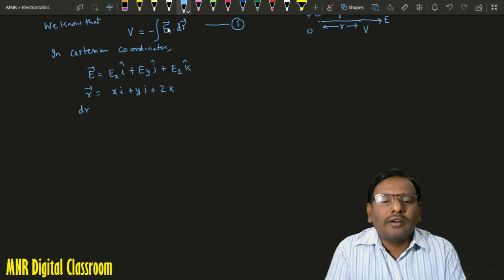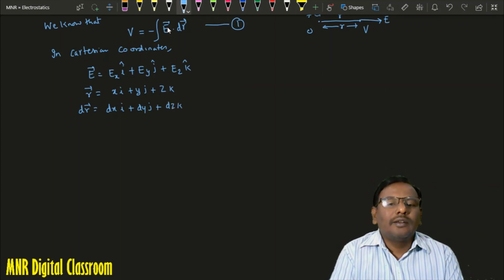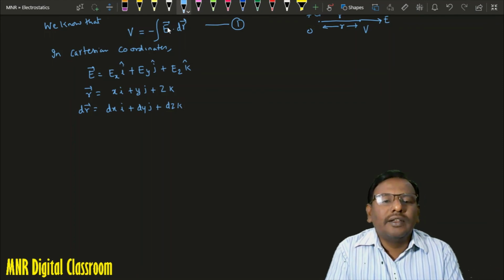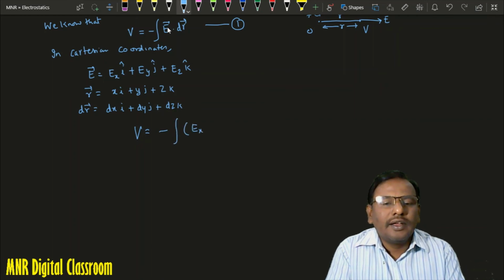Therefore, dr bar is equal to, differentiating this, dx i plus dy j plus dz k. Substitute the values of E bar and dr bar in equation 1. We get the electric potential V equal to minus integral of Ex i plus Ey j plus Ez k dot dx i plus dy j plus dz k.